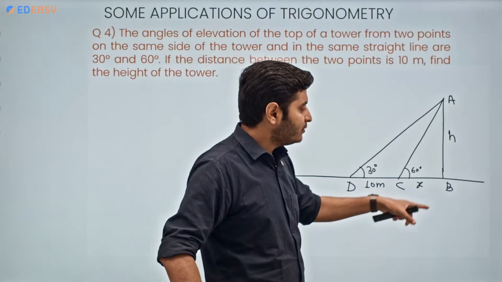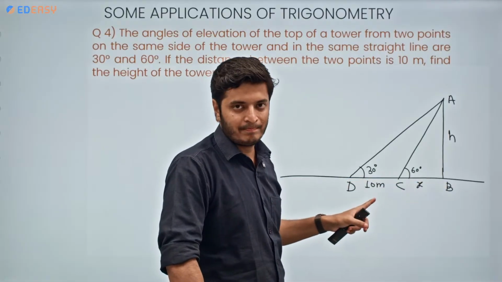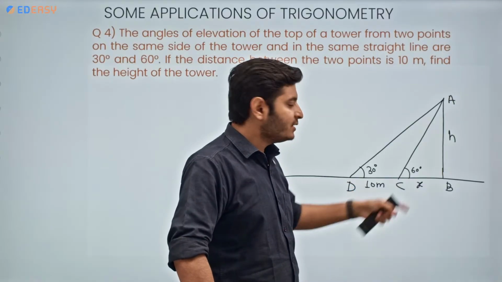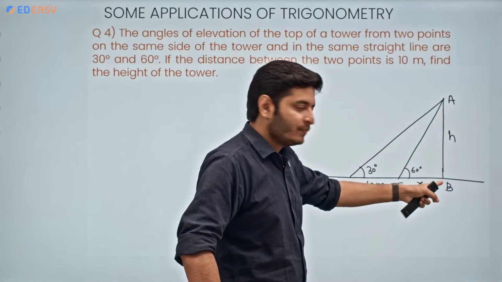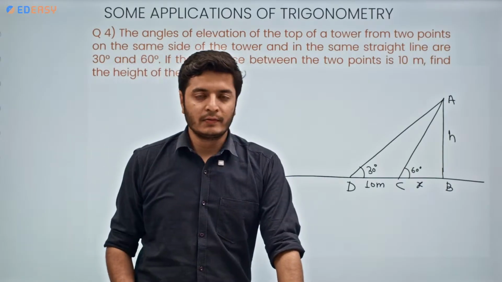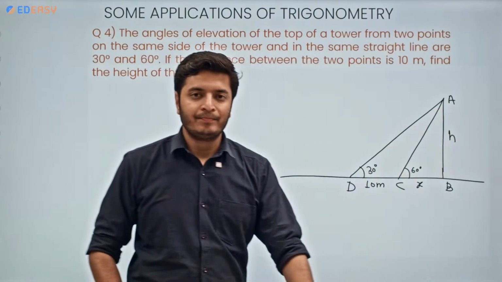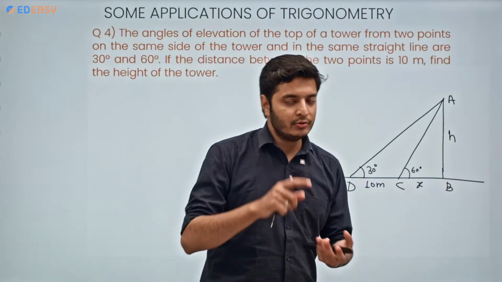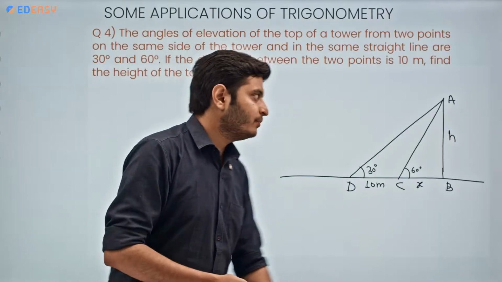That way I will be creating a relationship between the height of the tower and this total distance. Then using triangle ABC, I can again use tan 60 degrees, and that way I will be creating a relationship between h, this height, and this distance. Now in these two equations, one thing is common, that is the value of height. Then we can substitute the values accordingly. We will be getting a value of x. Using the value of x, we can find the value of h. That will be my approach.